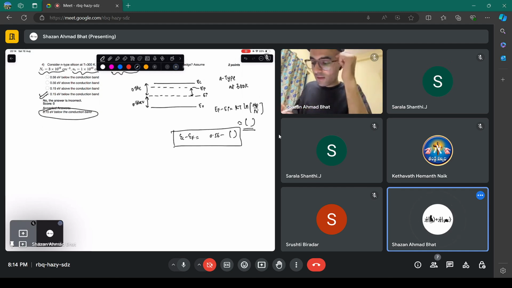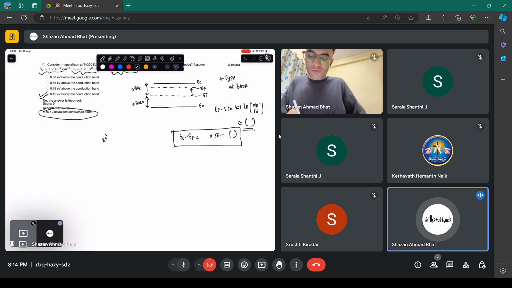It can also be above, depending on the computation. If it is above, then it's still n-type, but it's more like n plus type, and it almost behaves similar to a metal. So the answer of this question is this, but this is the calculation of how you do it.